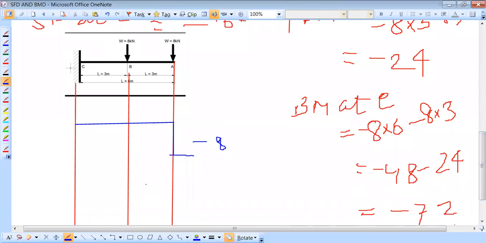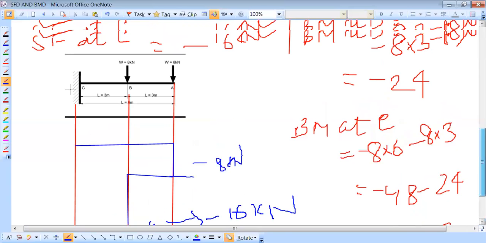There is no load between A and B, so you can draw a straight line from here to here. Suppose this one is -16 kilonewton.